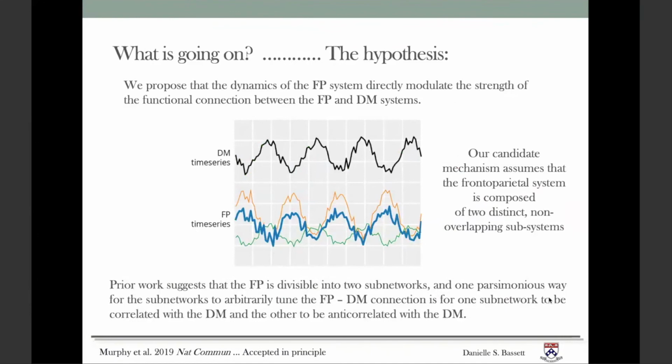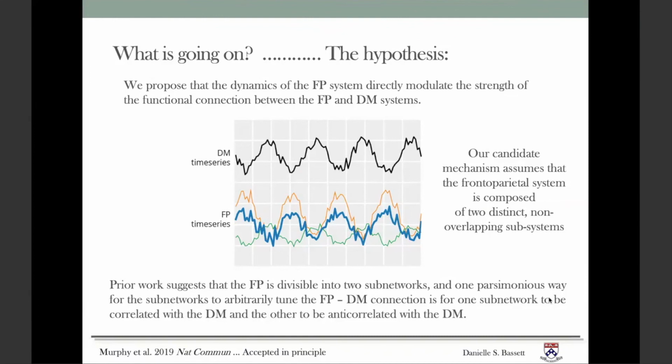Okay, so I want to ask, what is going on here? Can we have a hypothesis about how activation and functional connectivity work together in these two systems to support working memory performance? So we proposed that the dynamics of this frontal parietal system directly modulates the strength of the functional connection between the default mode and the frontal parietal system.